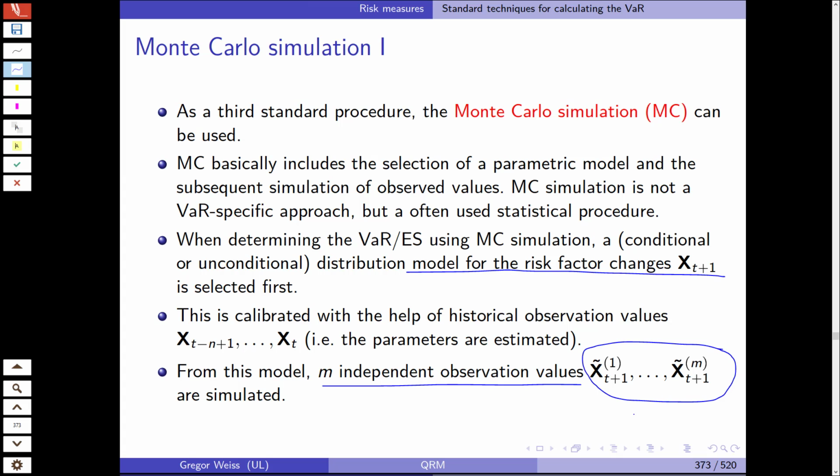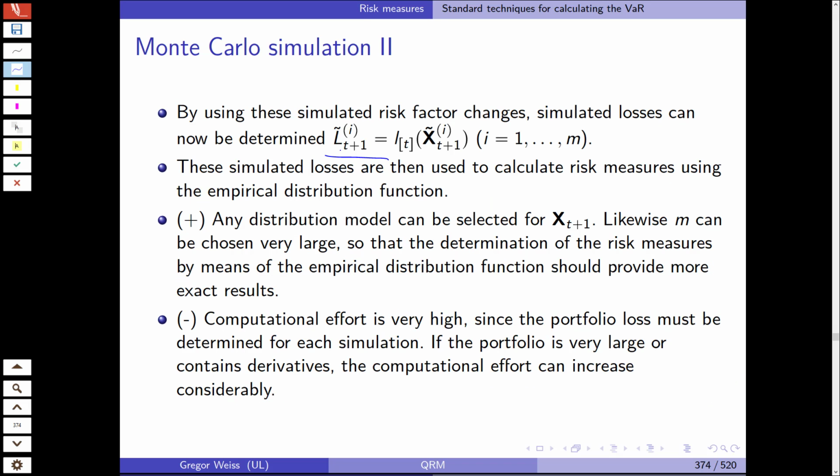It might be that you want to assume a certain distribution, and then it is easy to use these assumptions to simulate all those risk factor changes, plug them into the loss operator, get simulated losses, and calculate the empirical distribution function. The advantage is you can use any distribution model for those risk factors, and they don't have to be the same. You can go up with M to, say, 100,000 or 200,000 simulations, so it should stabilize around some value.